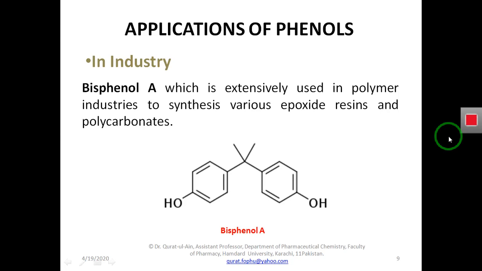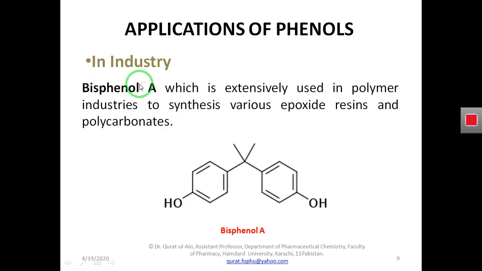Phenolic molecules or phenols have widespread applications in various industries, including chemical industries, pharmaceutical industries, or agriculture industries. In the chemical industry, a phenol molecule is bisphenol A or BPA.